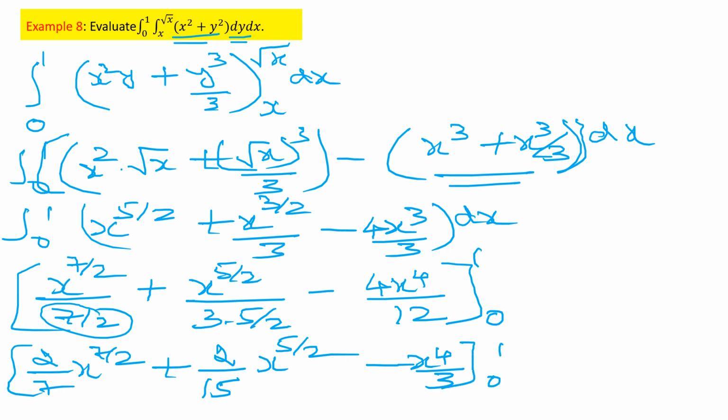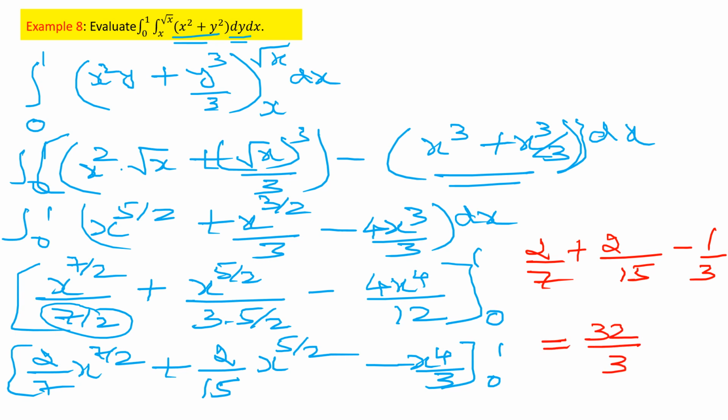Now if I substitute the limits, the first term will be 2 by 7, that means I am replacing x by 1, plus the second term will be 2 by 15. The third term will be 1 by 3. By simplification of all, this will give 32 by 3 as the final answer.